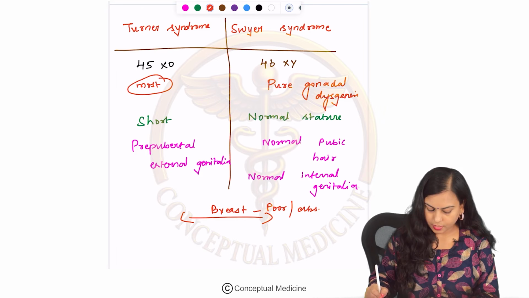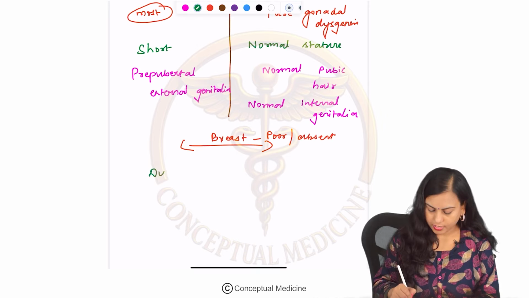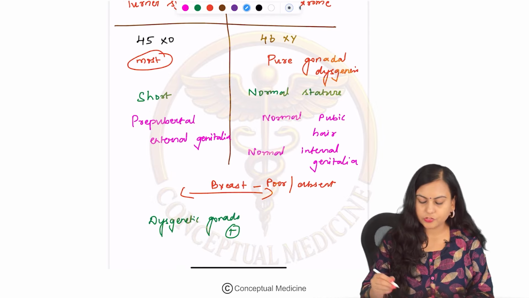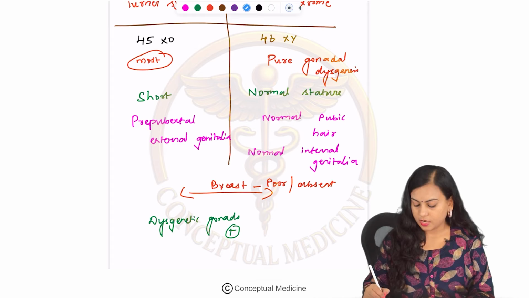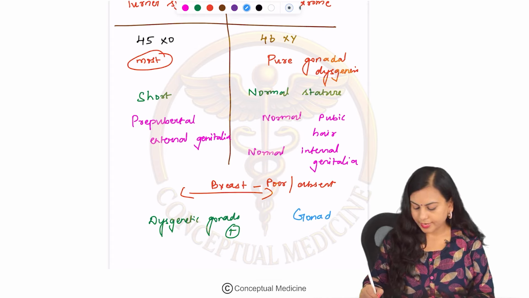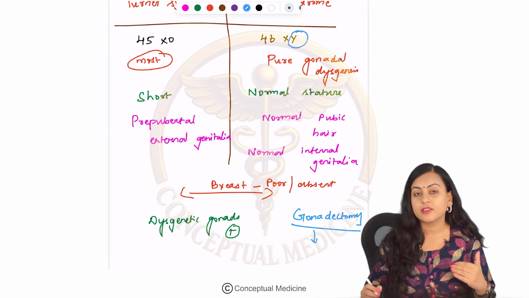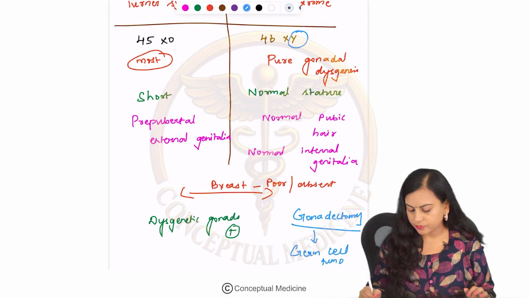Poor or absent. Okay. In Turner's, dysgenetic gonads are present, and in Swyers there is gonadal dysgenesis, but even when some amount of gonadal tissue is present, you have to offer them gonadectomy because of the chromosome Y present in Swyer syndrome, because they have a high risk of developing germ cell tumors.